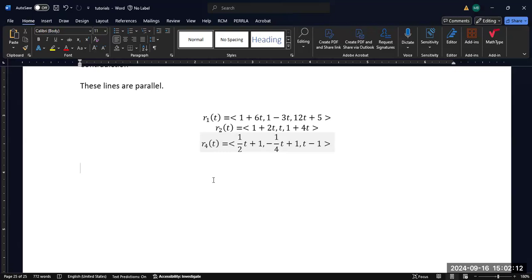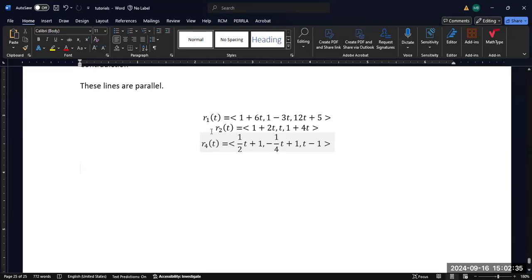We're going to take our two equations and try to solve the parameters as a system. If all three equations, X, Y, and Z, have a common solution, then there's going to be a point of intersection. If they fail to have a common solution, then they will be skew.